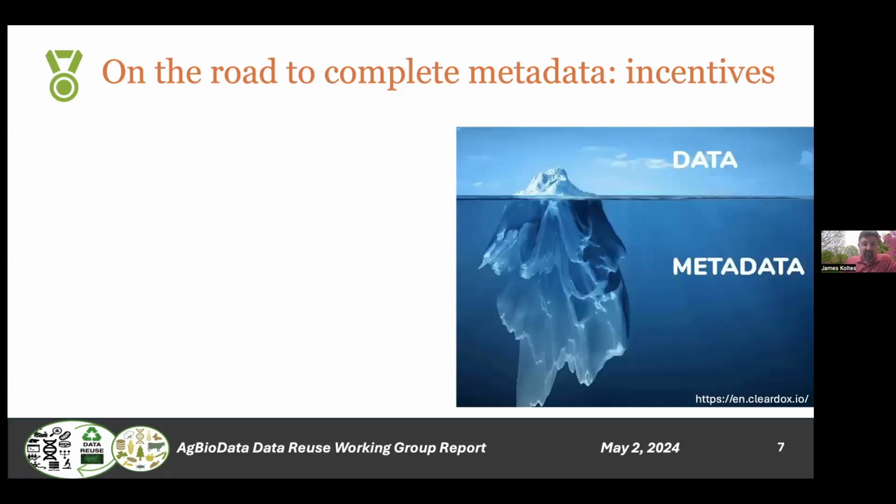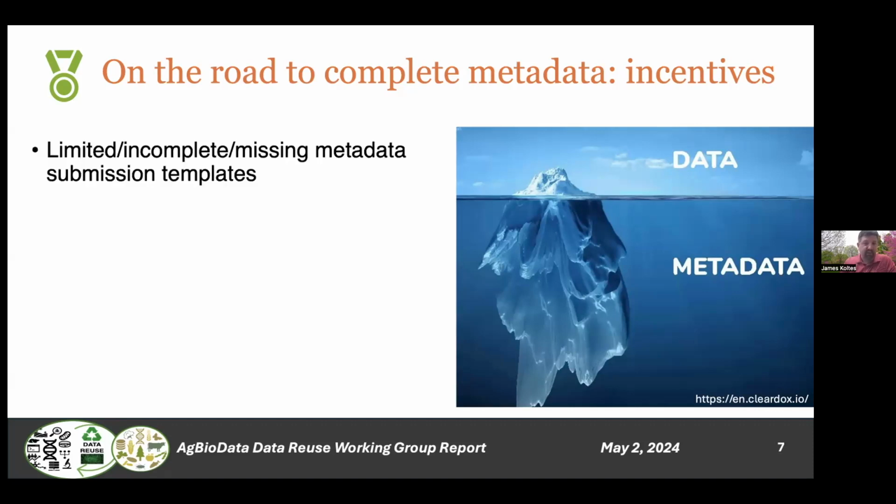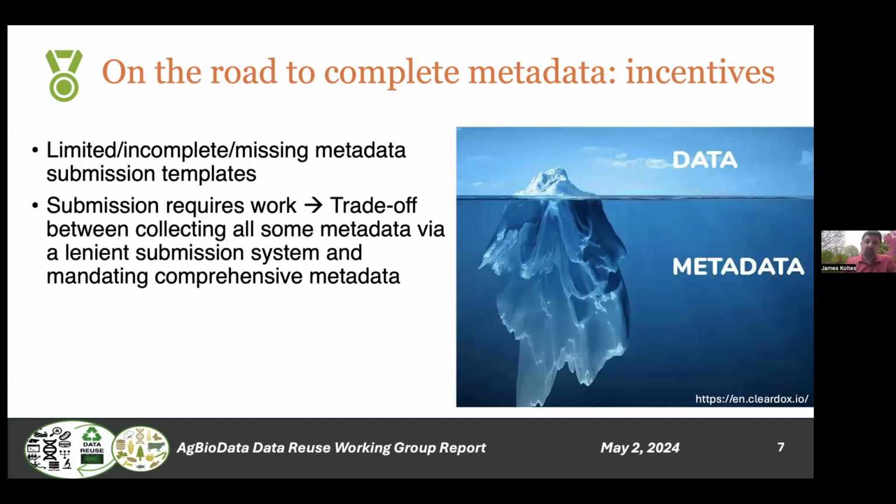Metadata obviously is a thread that flows through lots of the topics that I'm discussing today. And as we see it, we're hoping that maybe there's some way to incentivize more complete metadata. Much like the analogy of the iceberg, there's the data you see, and then there's all of the information that may or may not be there, often isn't there. Many times the metadata is incomplete, or we just have some subset of that information.